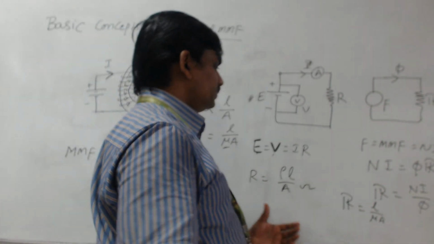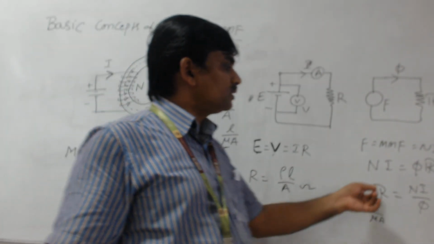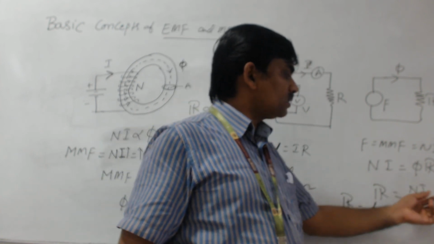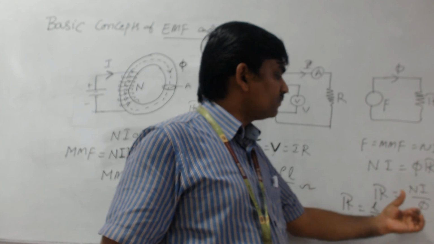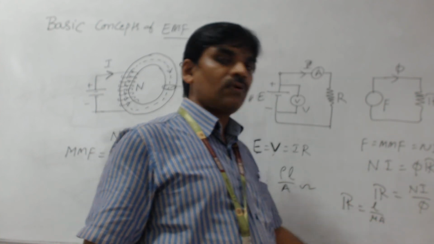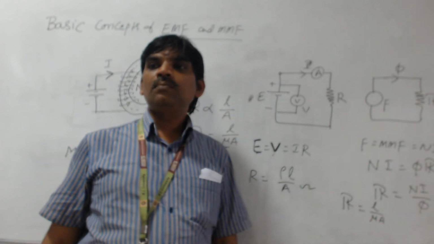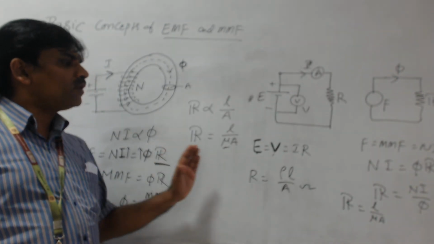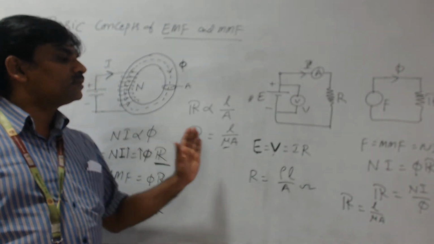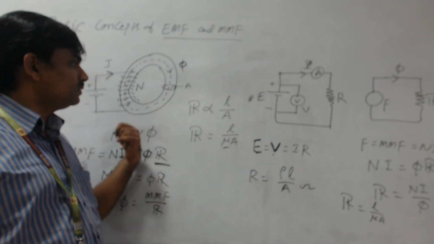So these are the circuit parameters we are talking about, electrical parameters compared with magnetic ones. This is the physical property. I think the electrical circuit and the magnetic circuit are quite similar.